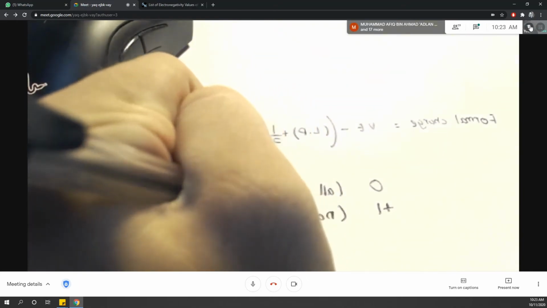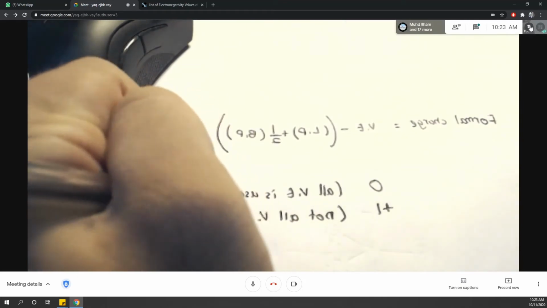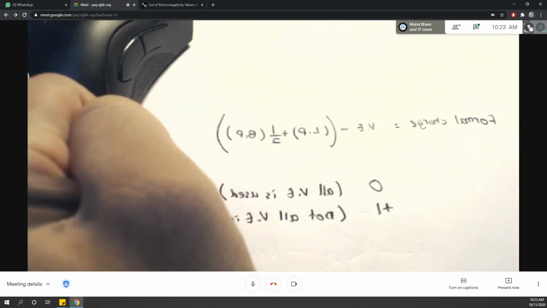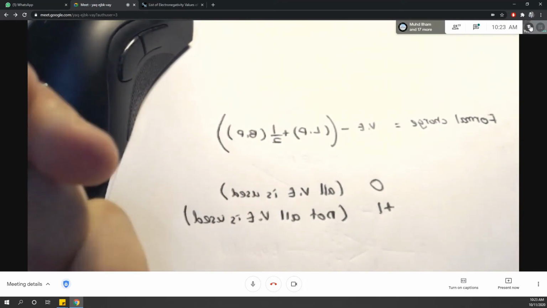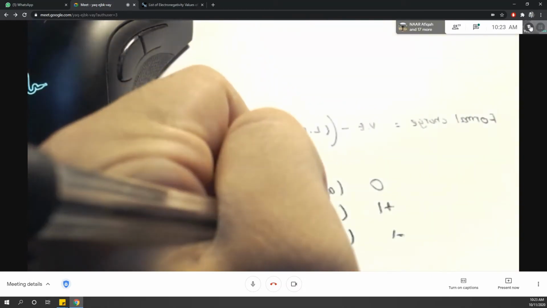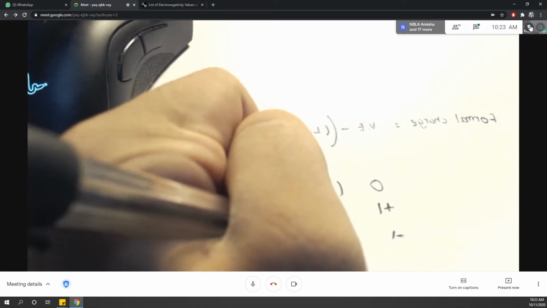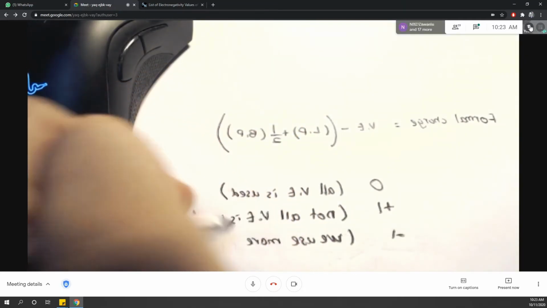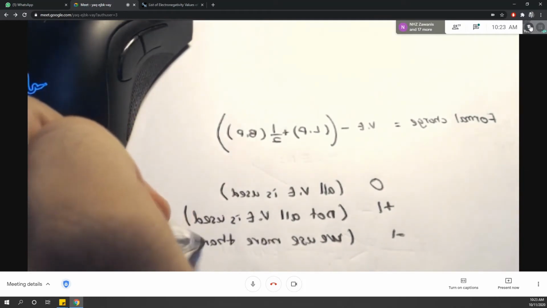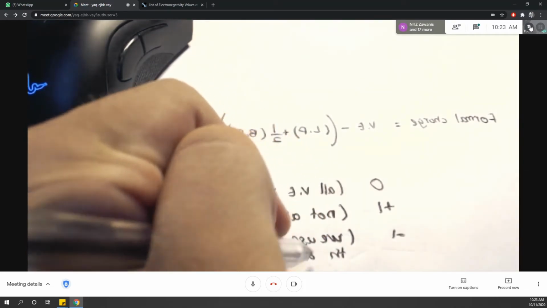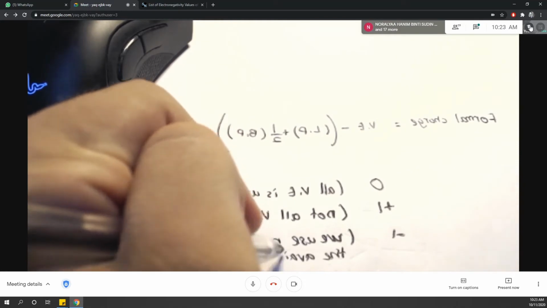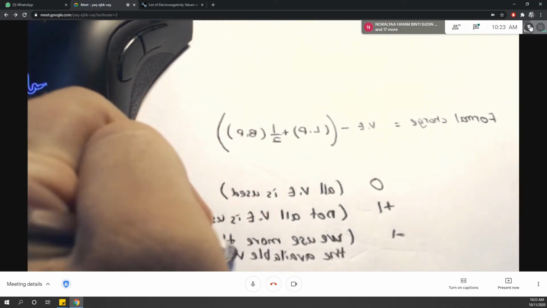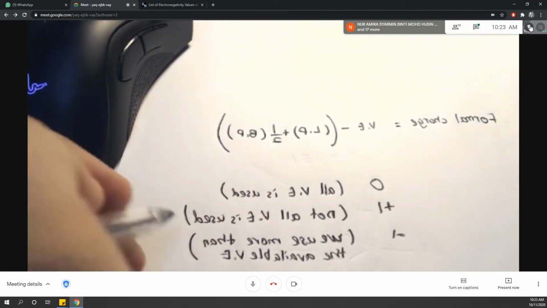Not all valence electron is used. While kalau negative, we use more than the available valence electron. Okay, boleh.